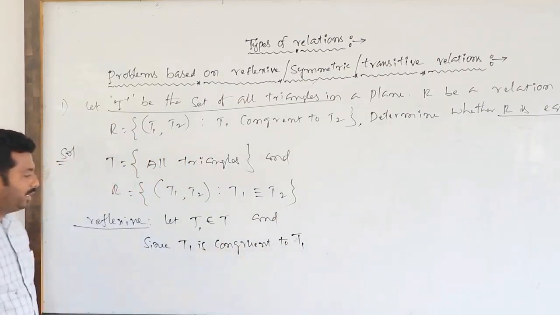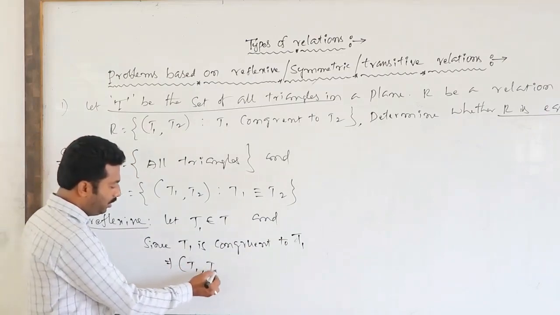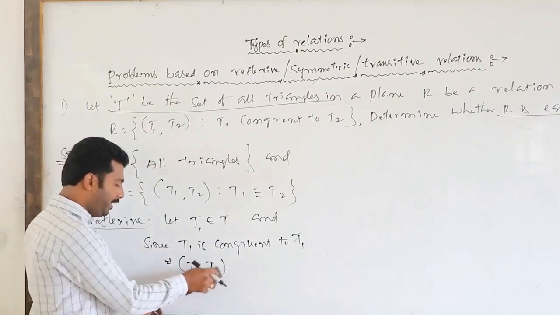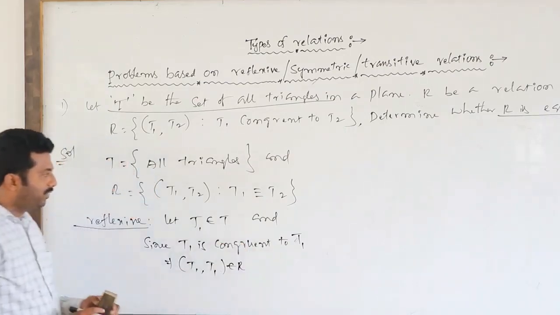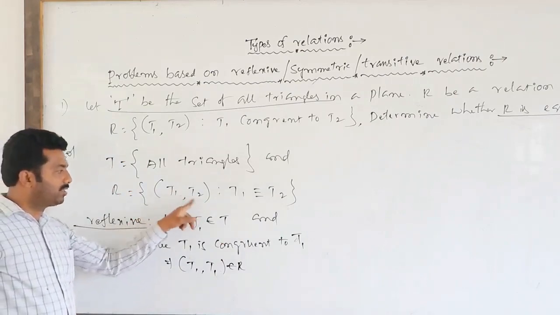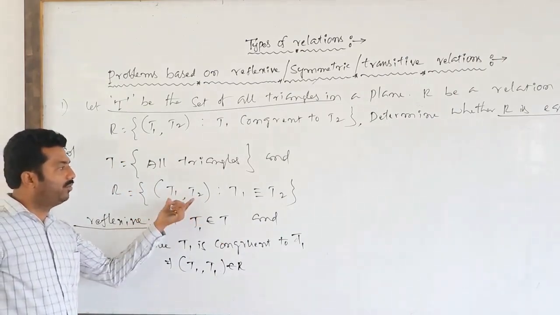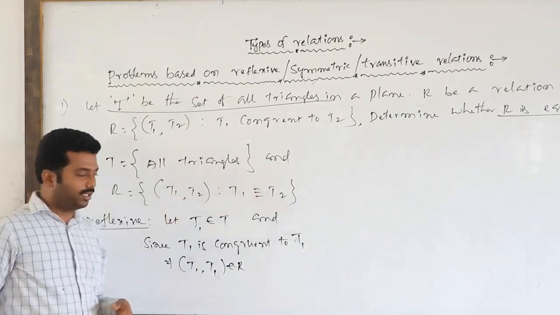So every triangle is congruent to itself means (T1, T1) belongs to capital R. See here, in an ordered pair, between the first component and second component, what is the relation? First triangle is congruent to second triangle.